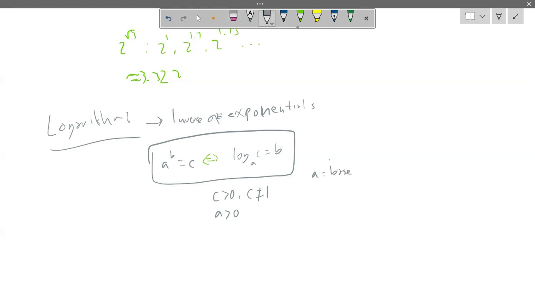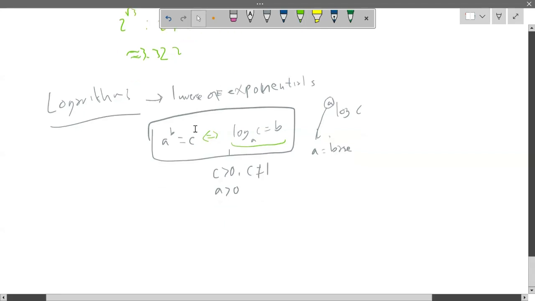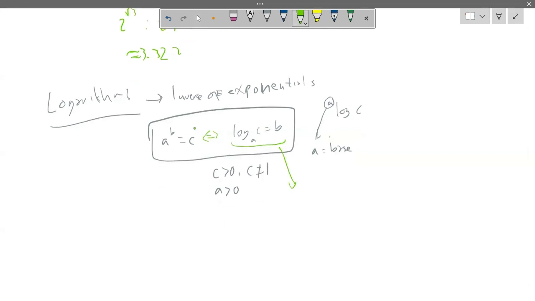If you've been reading other books, you may notice that some books prefer a notation where the base a is on top and to the left of log c. Which one are we going to be using here? We're going to be using this notation where the base is to the right and below the logarithm sign. We would say this as log of c base a.